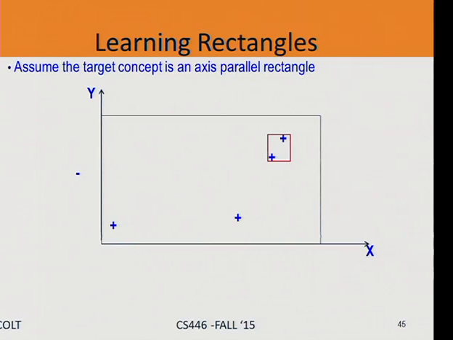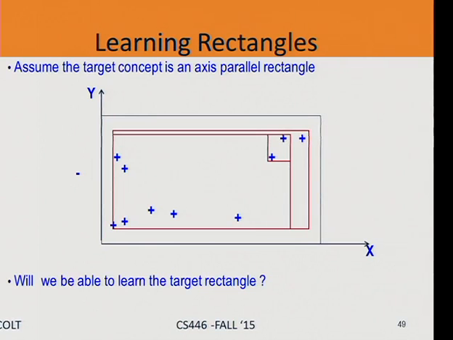Here are 2 positive examples. You're going to change it, right? So you're going to push this at least to this point and push this down at least to this point. You'll get something like this, and so on. So you can develop an algorithm, but can you prove to me that you've learned? Can you use any of the theory from a few minutes ago and last week to prove that you've learned?